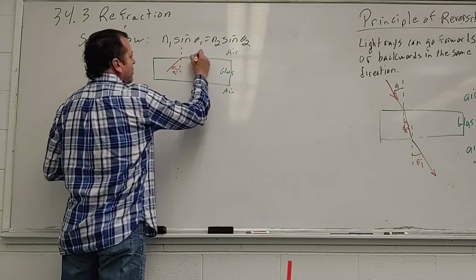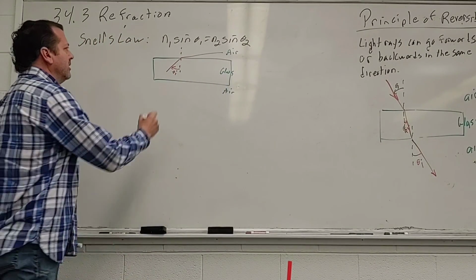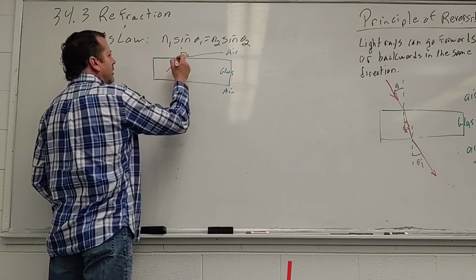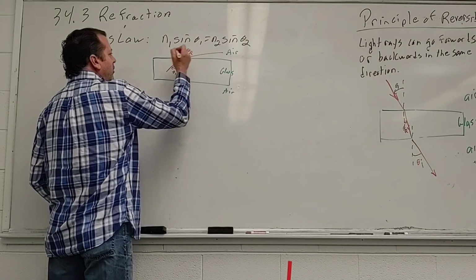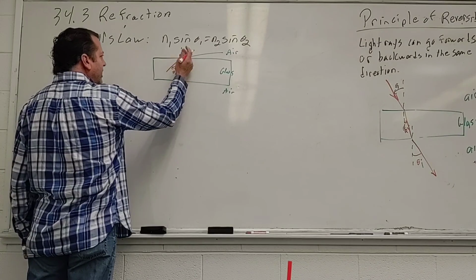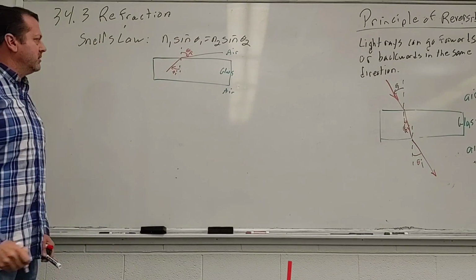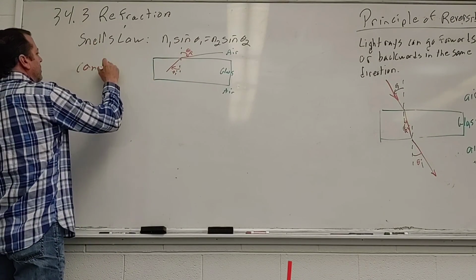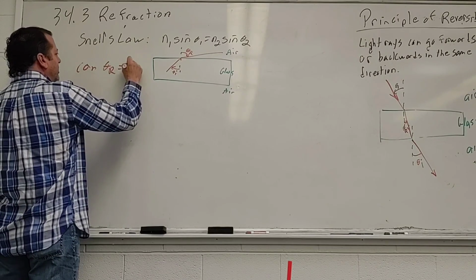So if I do this, it's going to get bent like that. This would be my theta refracted, or the second one, of course. Can I keep increasing this till that angle's 90 degrees? Can theta refracted equal 90 degrees?